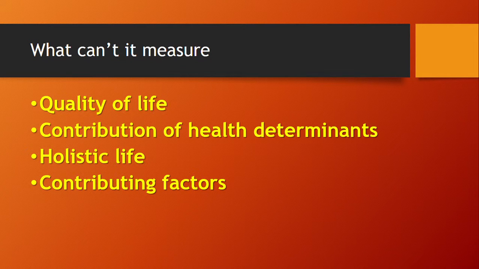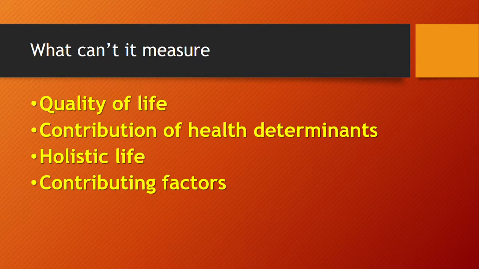There are all those different things it cannot tell. It can't tell you about holistic life, your life as a whole, your risk factors and protective factors. It can't say whether you ate a very strict healthy diet your entire life and were just unlucky to suffer from cancer.